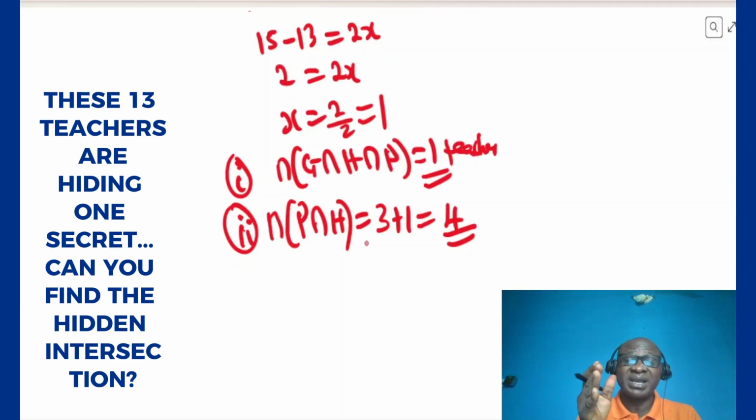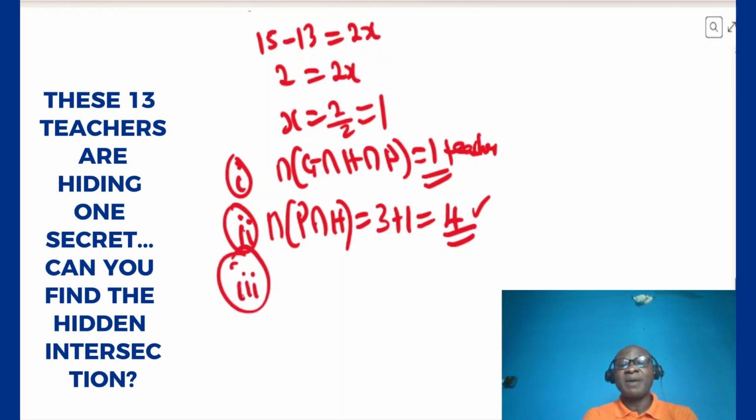That is where it is 3, and that one was given to us. So the correct answer to II is equal to 4. Now, you can see that that magic number, which is the number of people at the center, is what is doing this miracle. Without it, you cannot get answers to this. That is what we used in getting I. That is what we use in getting II. And then for III, we still need it.